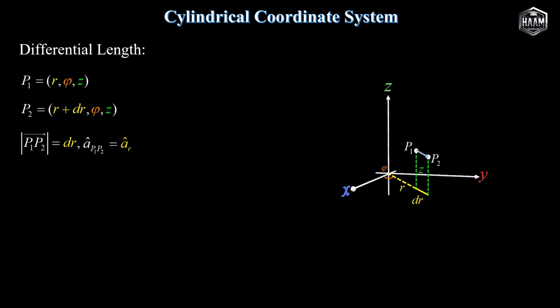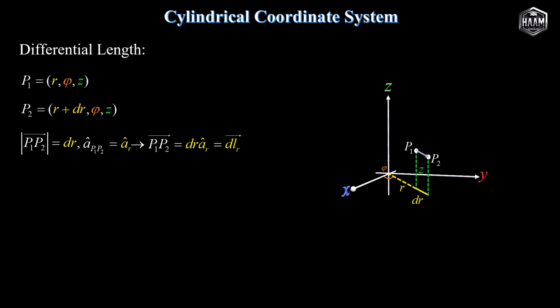The direction of vector P1P2 is along the unit vector a hat sub r. So we can say the change in length along the r direction equals dr times a hat sub r, denoted dl sub r.